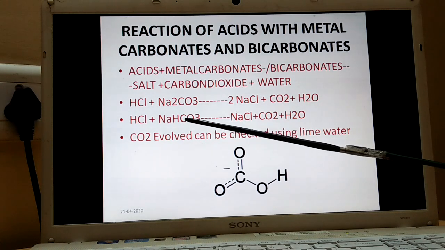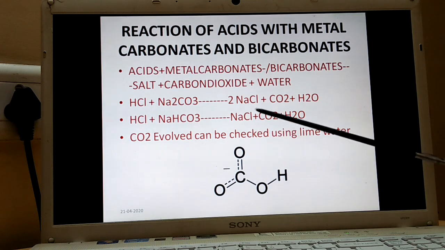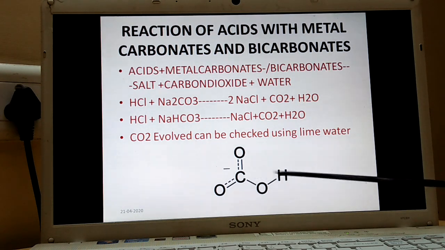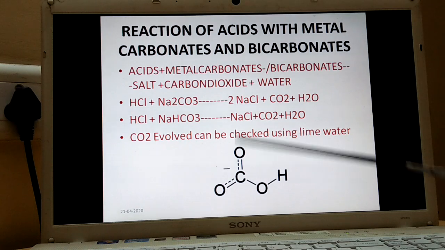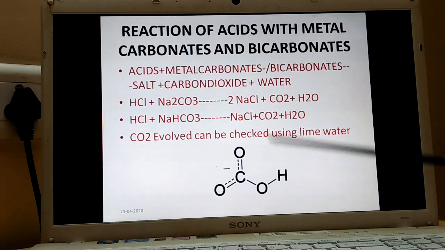Now the second equation: hydrochloric acid is made to react with sodium bicarbonate. It will give rise to sodium chloride, carbon dioxide and water. Now in both the cases, the gas evolved is carbon dioxide. This is the structural formula of bicarbonate I have given. Bicarbonate is HCO3.